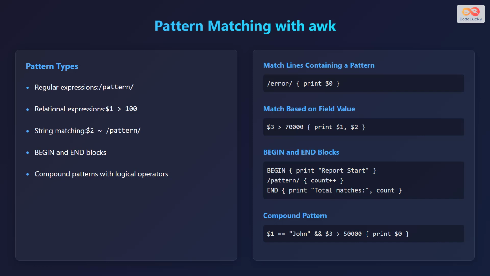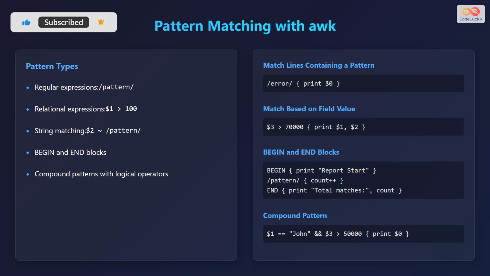To match lines containing a specific pattern like error, use /error/, open curly brace, print $0, close curly brace. To match based on a field value such as the third field being greater than 70,000, use $3 greater than 70,000, open curly brace, print $1, $2, close curly brace.